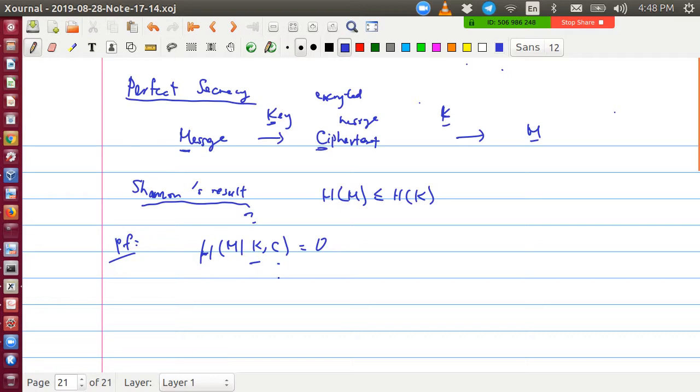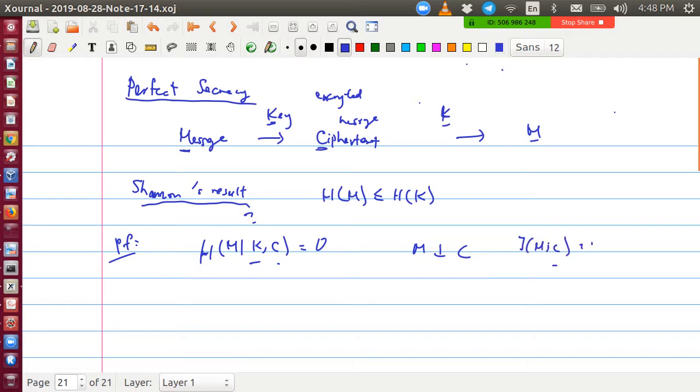Let's make another assumption: M and C should be independent. For perfect secrecy, we're hoping that M and C are independent, so I(M;C) will be 0.